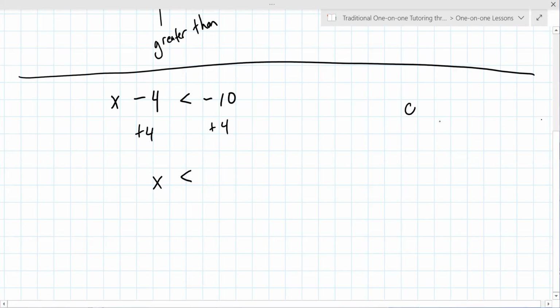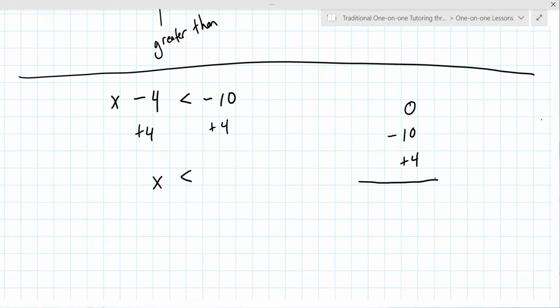If your score is 0 and you lose 10 points, but then you gain 4 points, what's your new score? I'm trying to put it in context of games. We can do it in terms of money, but you've got to be able to give me the right number.